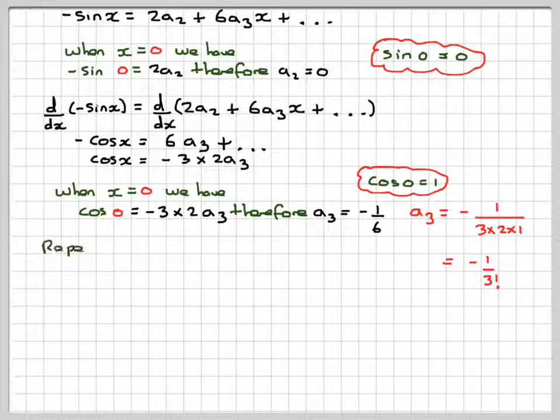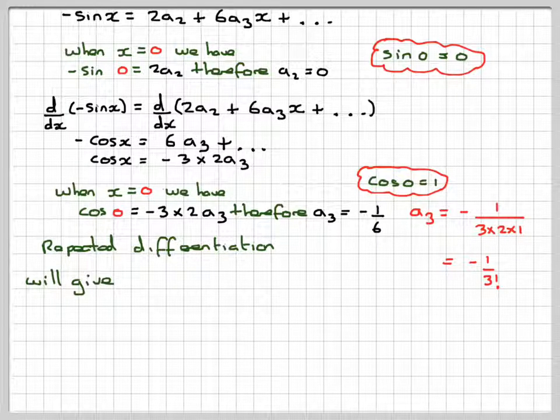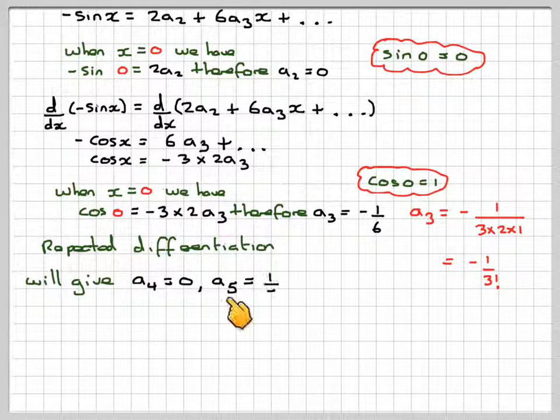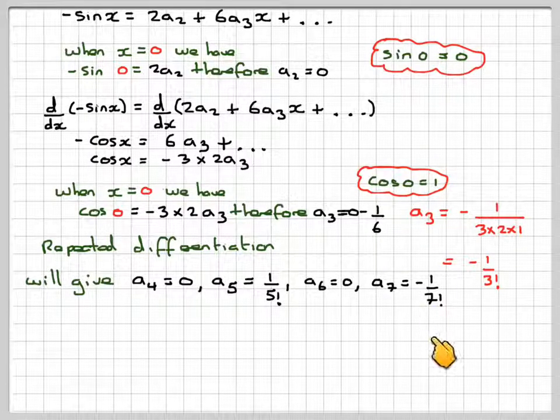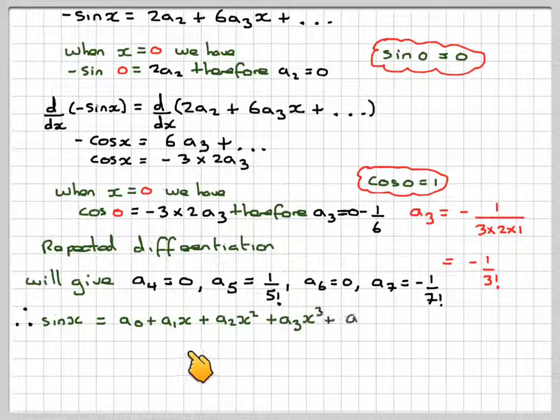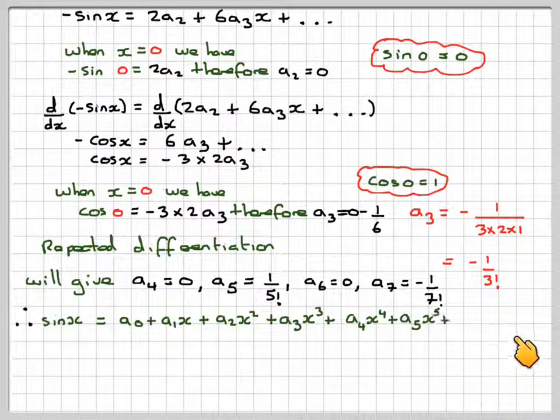Rather than keep doing this, we could probably now deduce that repeated differentiation will give a4 is equal to 0, a5 is 1 over 5 factorial, a6 is equal to 0, and a7 is minus 1 over 7 factorial. If we now write out the original statement, a0 plus a1x, etc., I'm going to do it all the way up to x to the 7, where a0, a1, a2 up to a7 are constants.